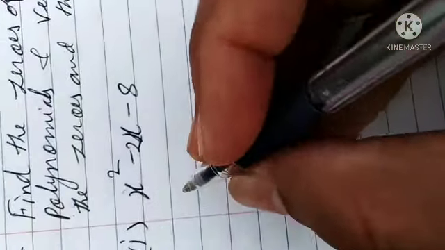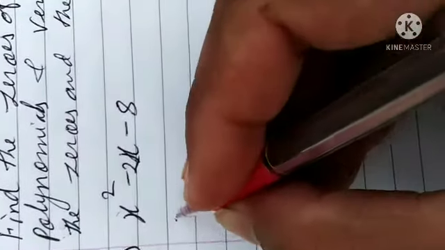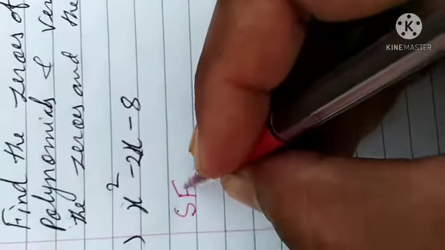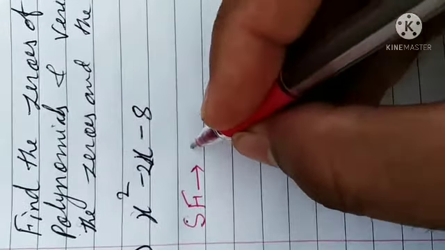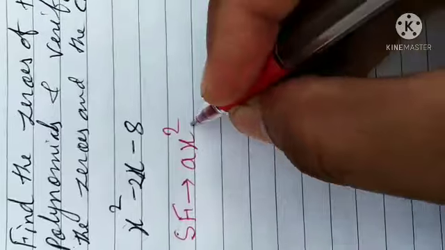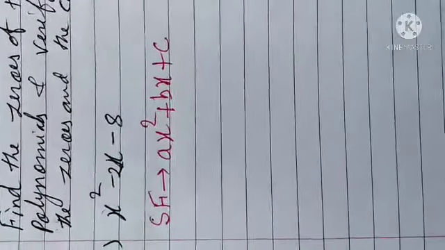First of all, in these kinds of questions, we should always write down the standard form. What is the standard form of a quadratic polynomial? That is ax square plus bx plus c. Okay, this is the standard form.